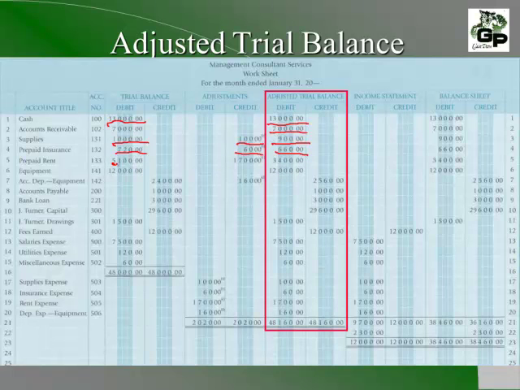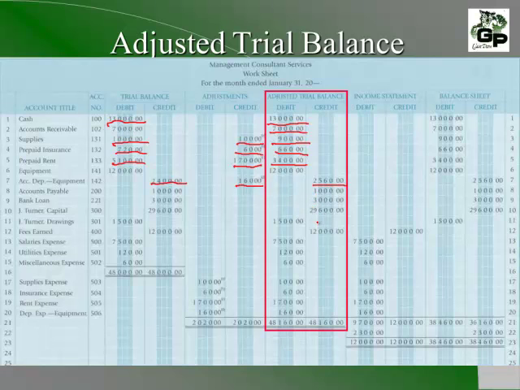Prepaid rent started as $5,100. $1,700 was credited. Therefore, that leaves us with $3,400 right here. Equipment doesn't change. Accumulated depreciation for the equipment does change. We started with $2,400 in the debit column. We added another $160 in the debit column. That means that when we add those two, we get $2,560.